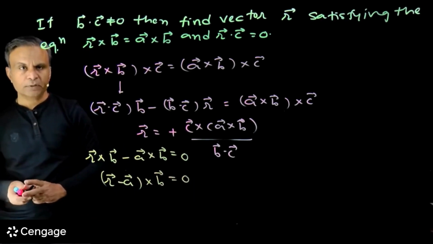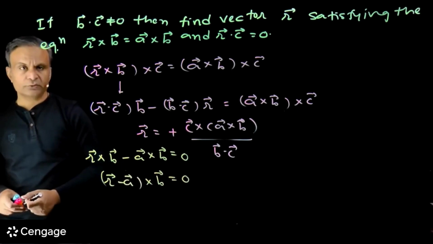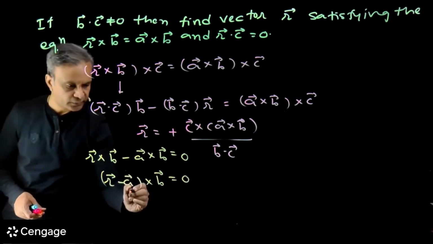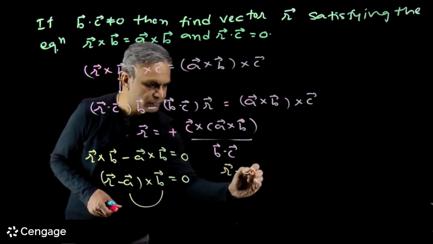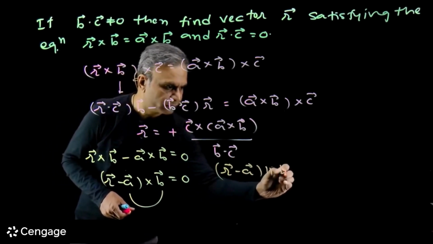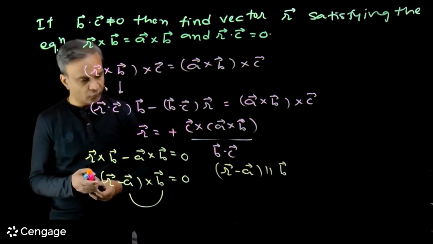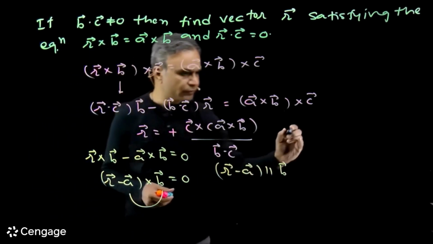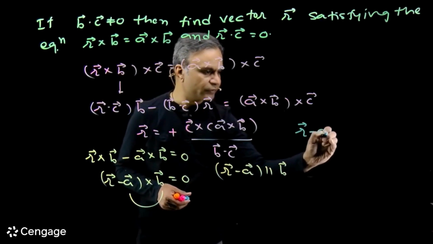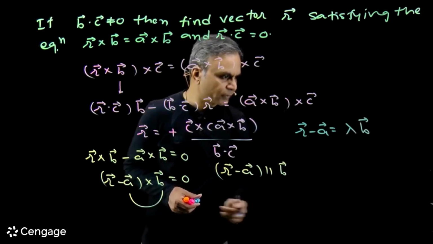Now what is the inference? (r minus a) cross b is equal to 0. That means these two vectors will be parallel. Vector r minus a will be parallel to vector b, and we can write this finding in the form of equation as, इसको equation के form में कैसे लिख सकते हैं? We can write like this: r minus a is equal to lambda b.